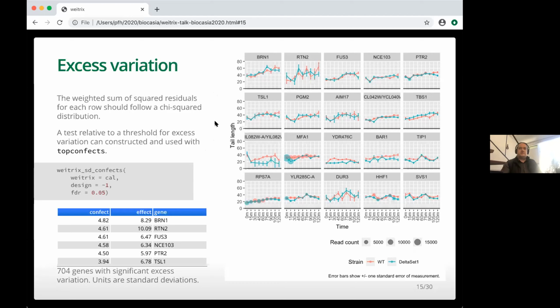And so these are the sorts of genes we're finding. And these results are, again, given in units of standard deviations of tail lengths. And one thing you can notice in these last couple of genes found down here, they're actually showing a bit of cell cycling, which is what this particular experiment was about. So this is similar to finding marker genes in single cell, without much in the way of a model.